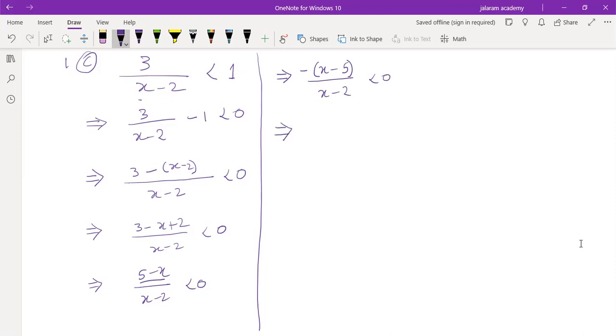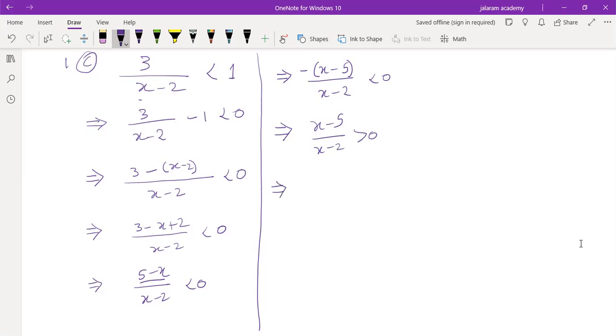Now we can multiply both sides by this minus, so the inequality will be reversed when the sign is changed. Is that clear to everyone? Yes, sir. Multiplied by minus 1, so we have to change the sign. Now what will be the next step? Do you know?